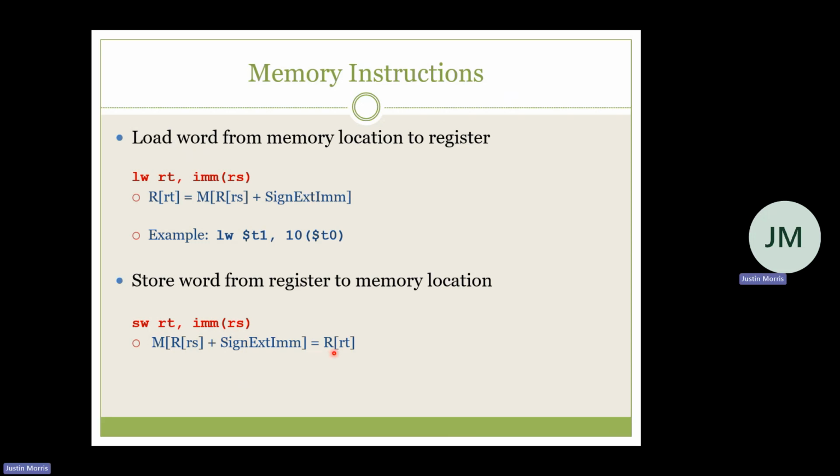It's just the data that we are going to store into the memory. And we have the same base address plus some offset with the sign extended immediate as our memory location. So here we see the same thing. It's just the opposite. We're storing from T1 into this memory.